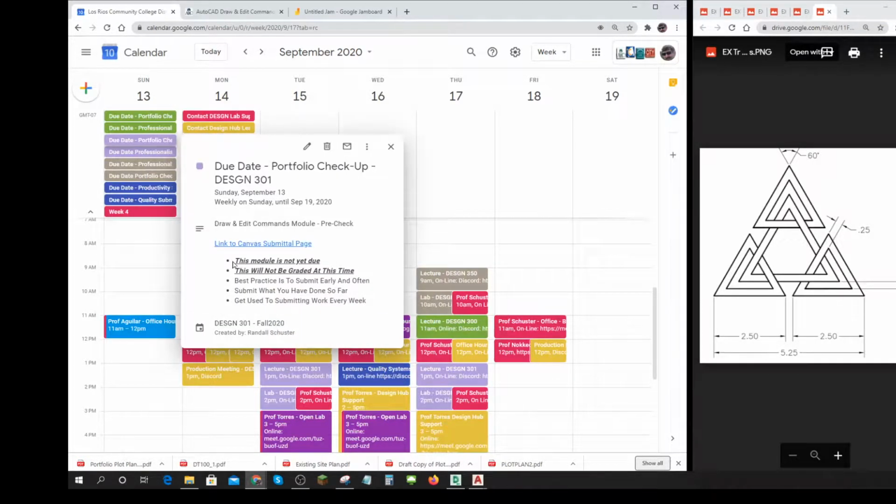And it says, this is not yet due. It will not be graded. But I'd like you to put it in there so that I can check it over. That's really when I want to do my checking over, because you still have a week to get it right. Okay, that's my preference. But if you have some real questions, I'll go ahead and take a look at them during the lab, no problem.